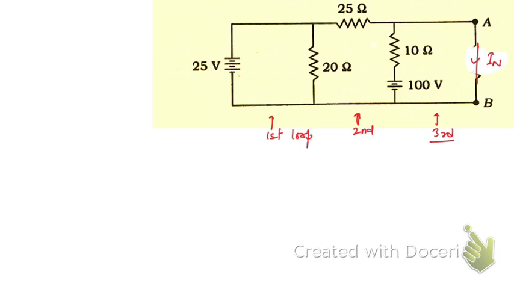Now let's suppose the current in this mesh or loop is I1. Then this current must split into two directions, so let it be I2, and that's why in this direction the current will be I1 minus I2, right?